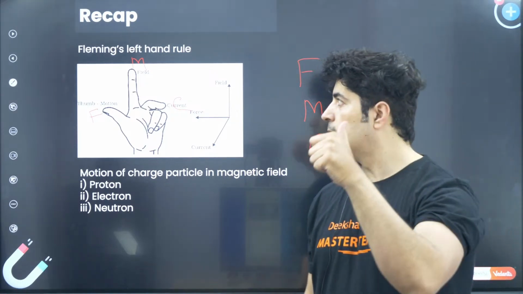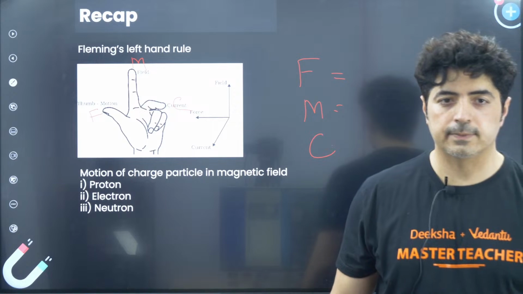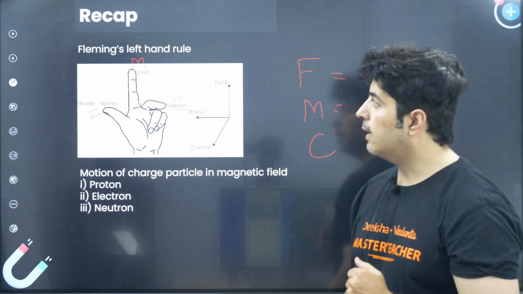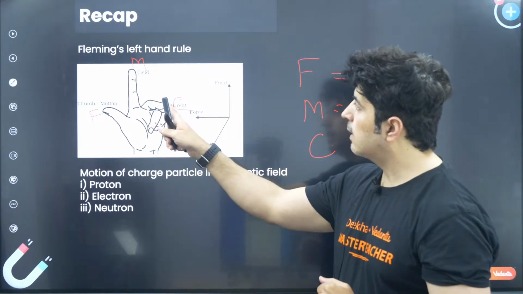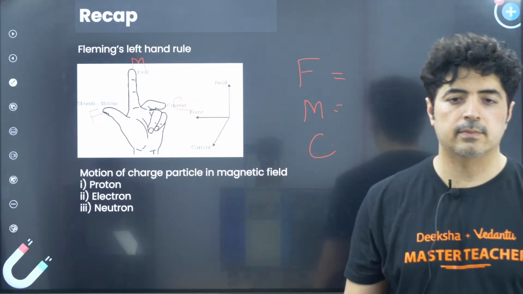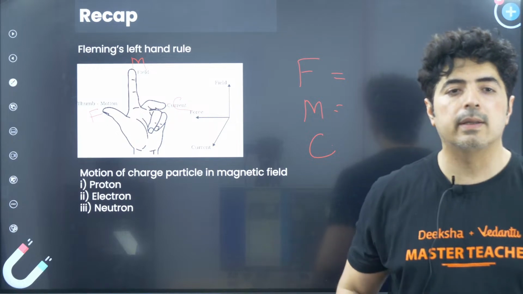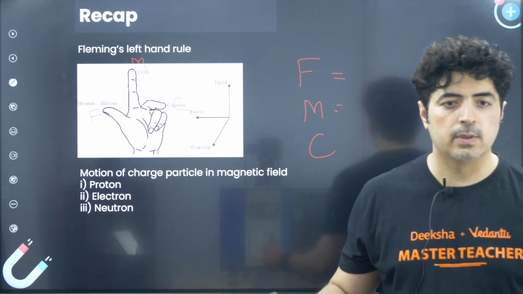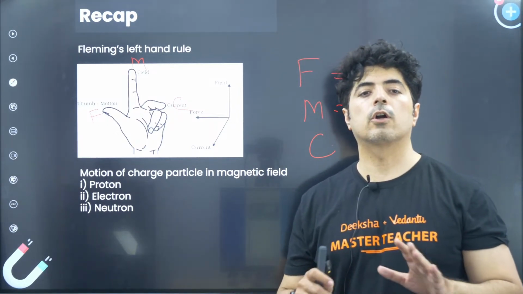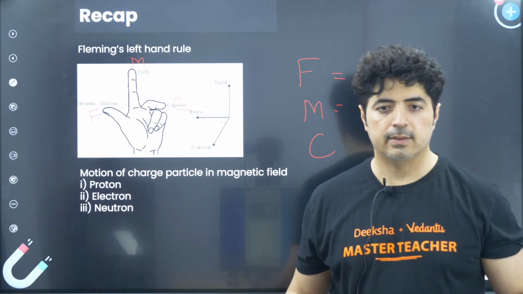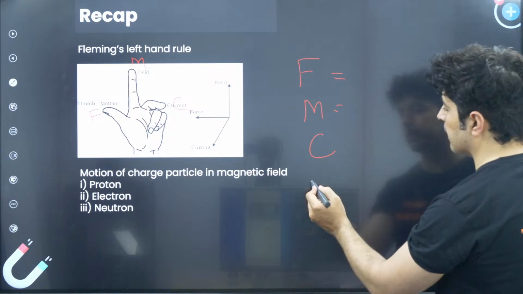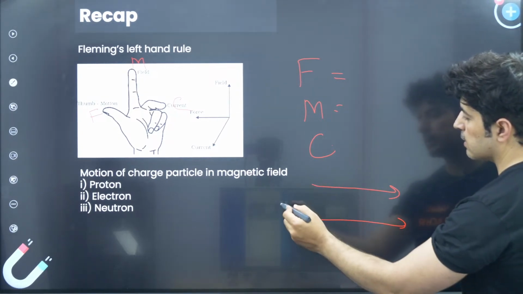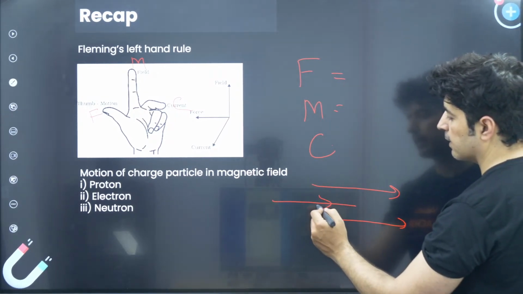All right, now what other questions are asked? What if the current and field are in the same direction? In that case, will there be any force? No, absolutely, there will not be any force. Let's say this is a magnetic field and this is also the direction of current in a conductor.